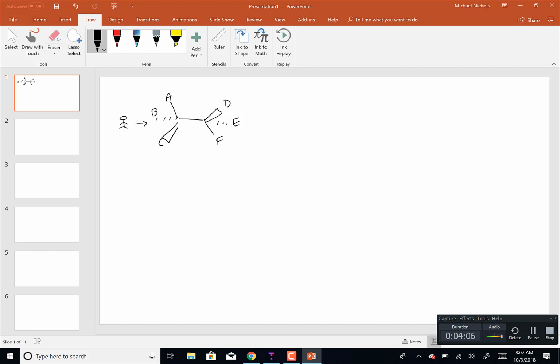So Newman projections are going to basically look like this. You're going to have a front carbon and you're going to have the back carbon. So the way the Newman projection works is that it is the intersection of the three things that are attached to the front carbon, and then the big circle is the back carbon.